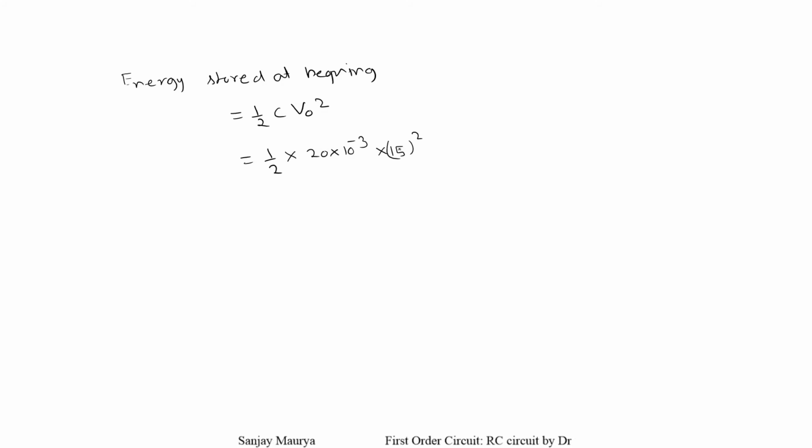Energy stored at the beginning will be half of C V naught square, and V naught was 15 volt, so this will be equal to 2.25 joule.